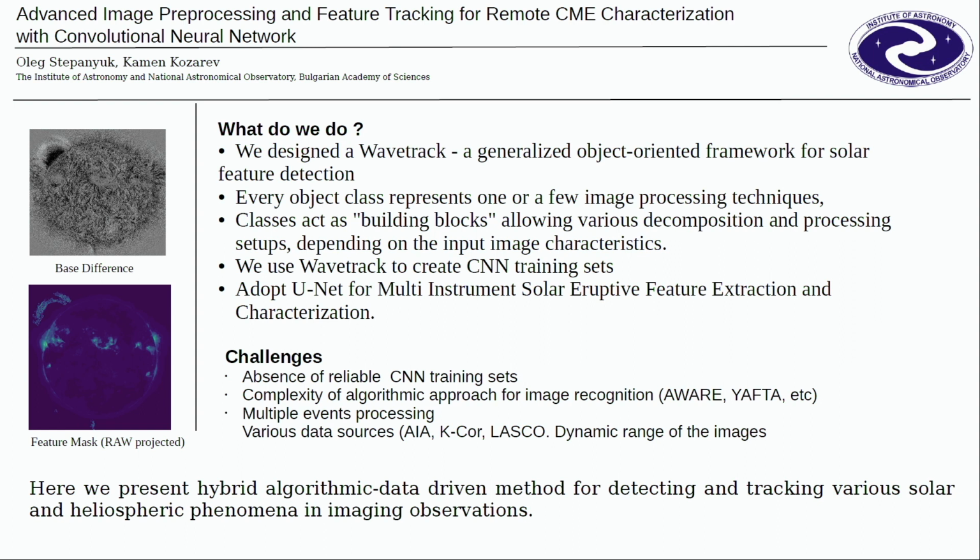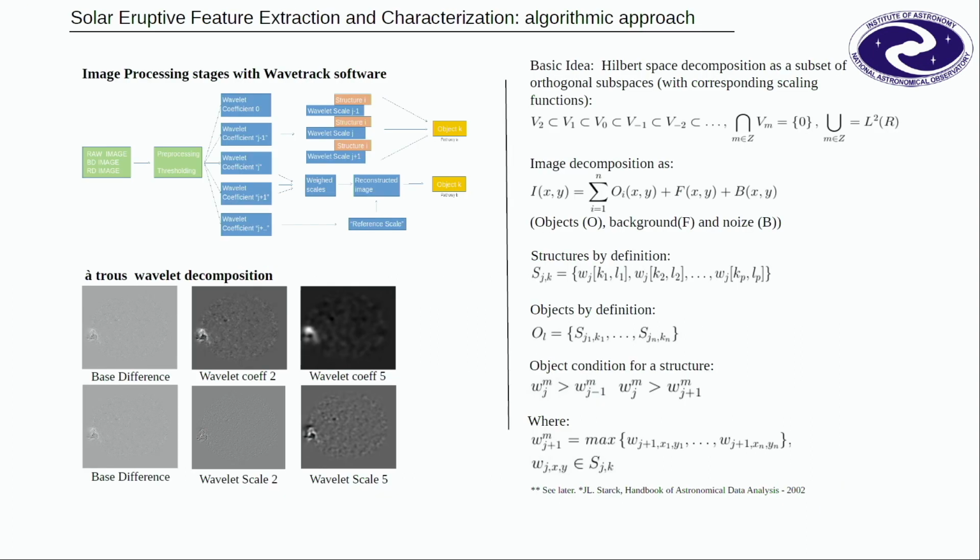And in terms of CNNs, the first question is the availability and quality of the training sets, whether we're going to introduce the biases of those ground truth images into our models. So here we present a hybrid, both algorithmic and data-driven, method for detecting and tracking various solar and heliospheric phenomena. First we'll talk a little about the algorithmic part, then we're going to move into UNet and the data-driven and more common stuff.